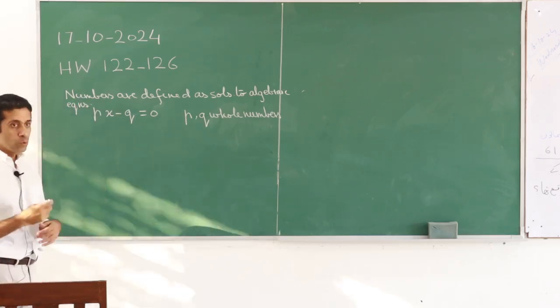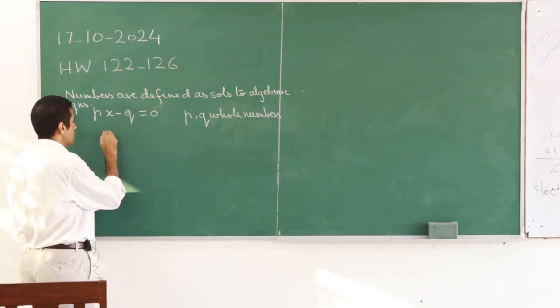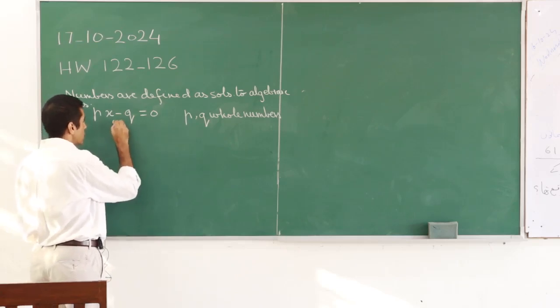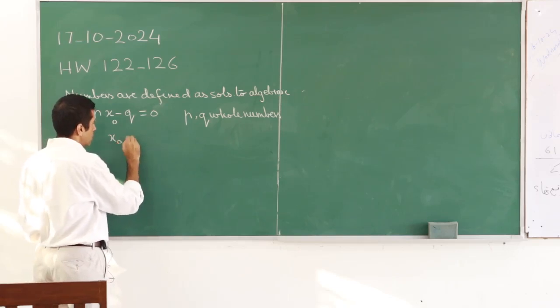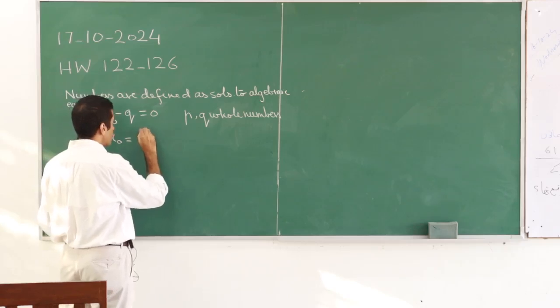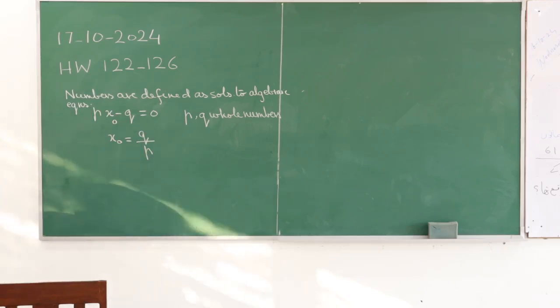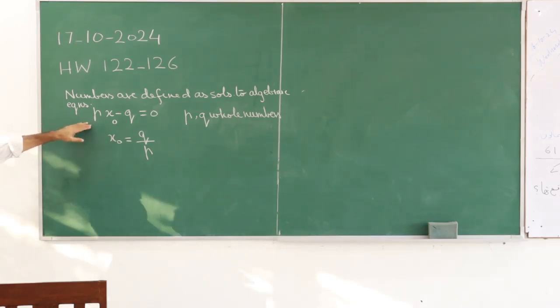For example, px minus q equal to 0, where p and q are natural numbers, then the solution, x naught, which we will define as x naught equal to q over p, solves this equation and would be considered a new number that we have defined. Using natural numbers, we have defined fractions by considering algebraic equations and looking at solutions of algebraic equations. Did anyone understand this or not?